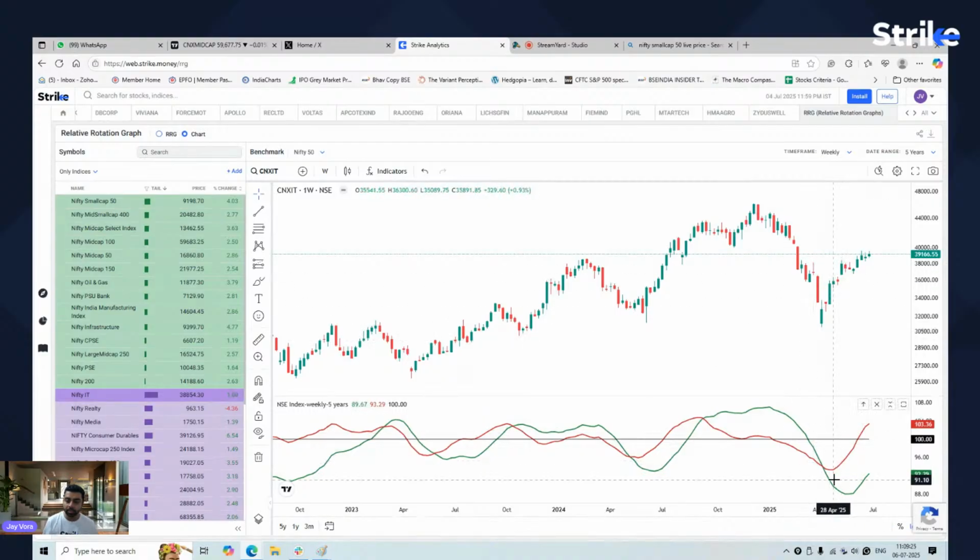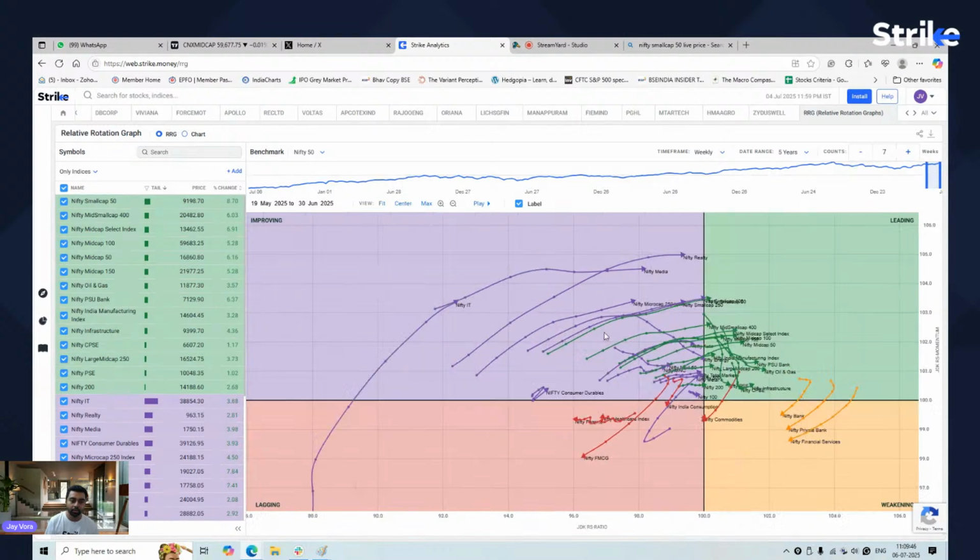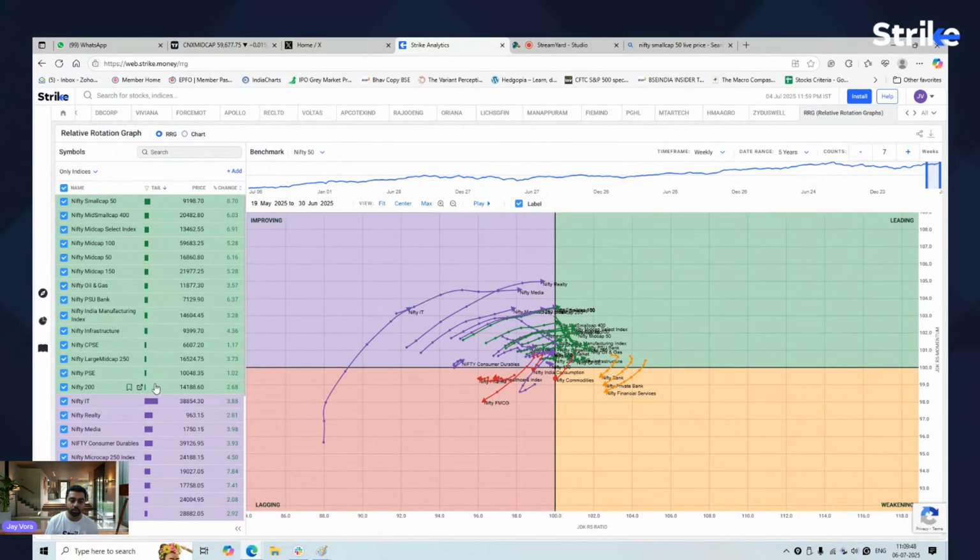Something very similar happened at the bottom as well. When IT was turning around, momentum turned around first, and then the RS ratio turned around. So how it looks like on an RRG chart is something like this. Okay, see, let me take a big tail so that you understand the behavior of this.